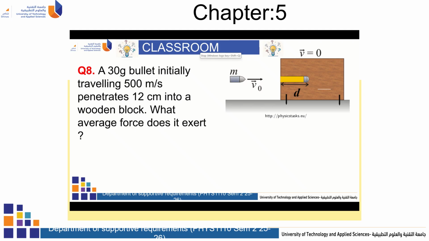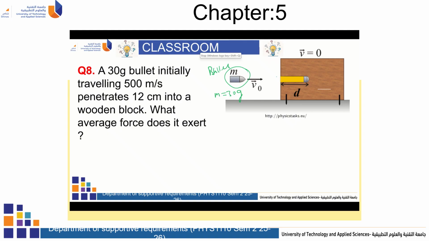there is a 30-gram bullet initially traveling at 500 meters per second, which penetrates 12 centimeters into the wooden block. What is the force it exerts? So they are talking about this bullet. This bullet has a mass of 30 grams, but gram I cannot use.